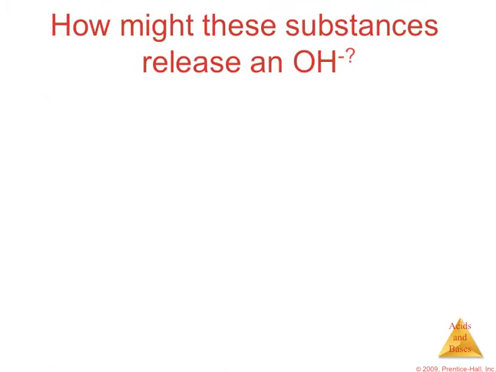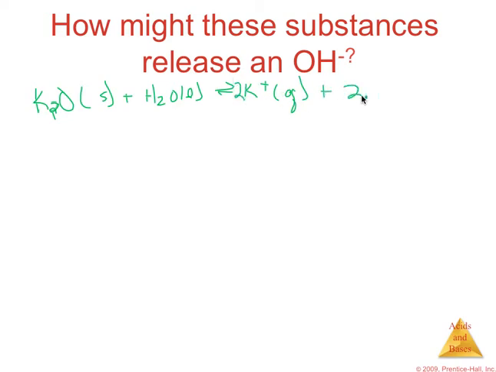So let's take a closer look at how these substances actually release a hydroxide. If we start off with the metal oxide, something like potassium oxide, if I add water to that, it sets up the reaction where I end up with potassium ions and 2 hydroxides.